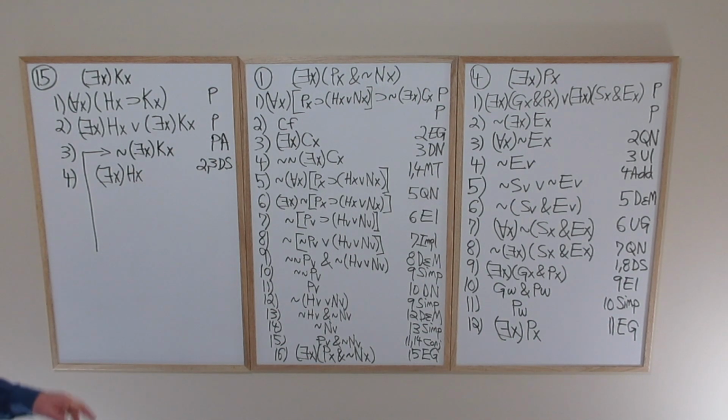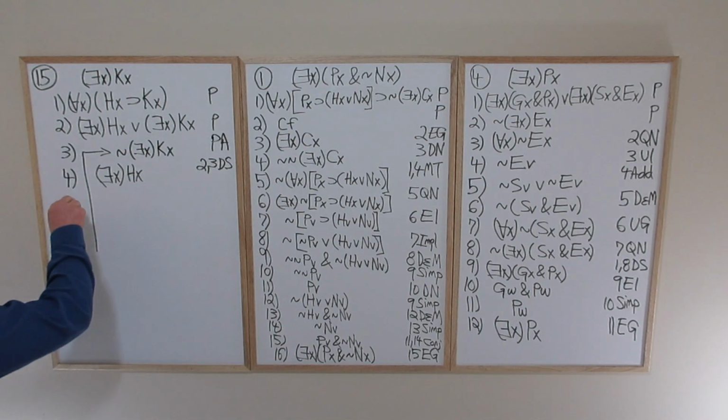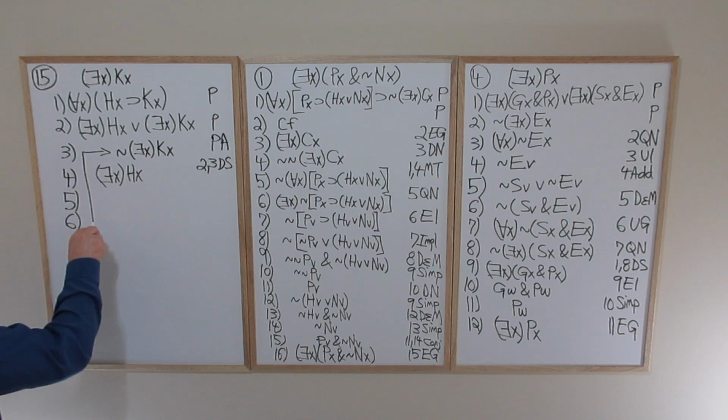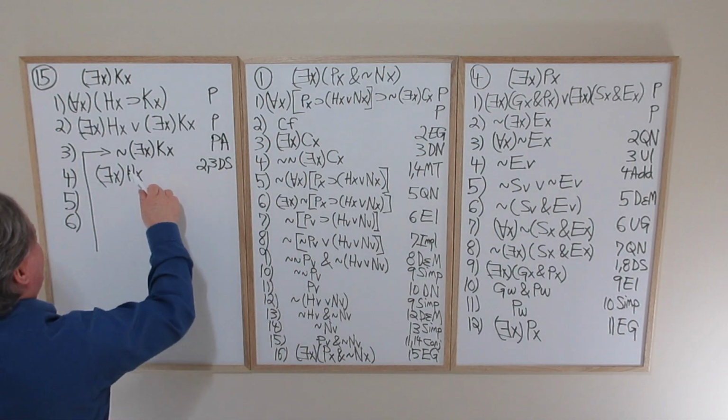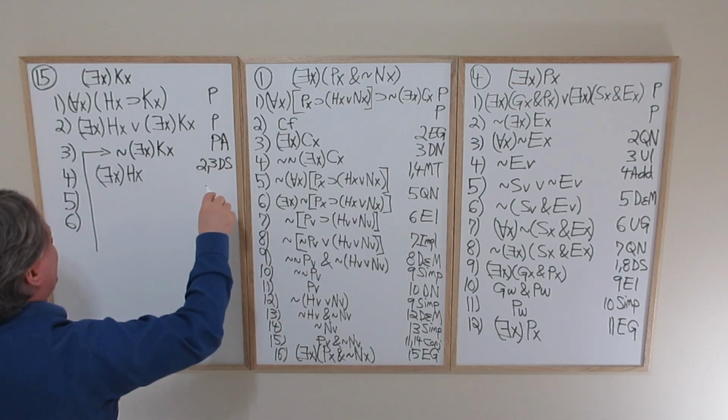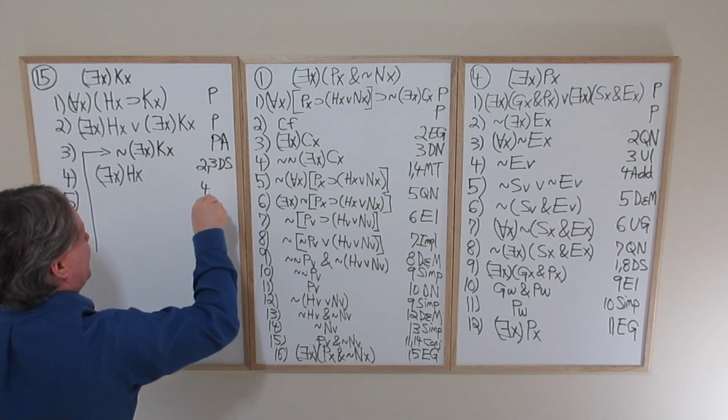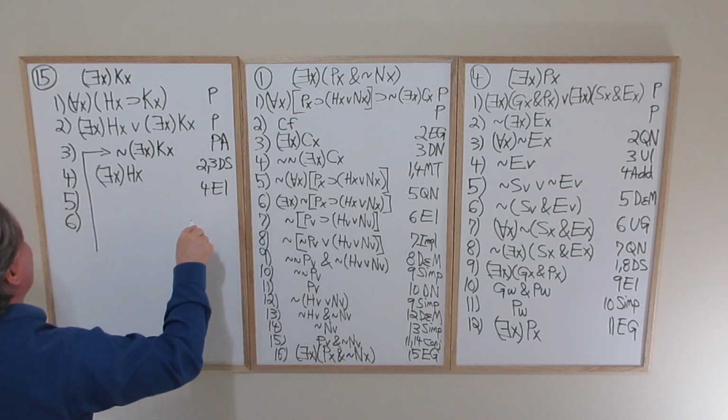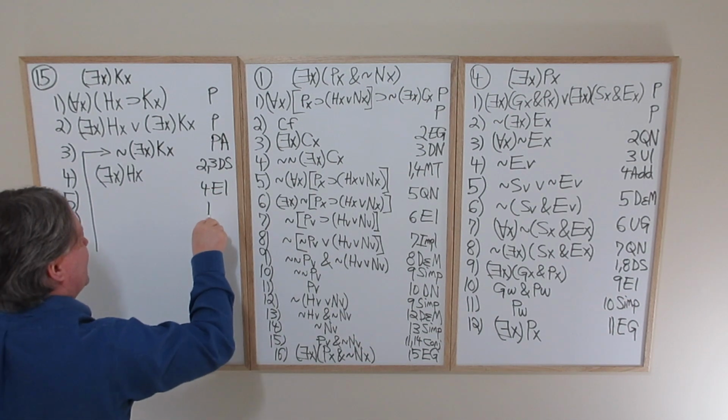Okay, so now we've got an existentially quantified sentence and a universally quantified sentence. Remember, at this point, because we've decided to go the IP route, we're looking for a standard contradiction. We're not exactly sure yet what that standard contradiction is going to look like. Well, how about if we dequantify the information in lines 1 and 4, making sure to do the EI first because we want the subject to match.